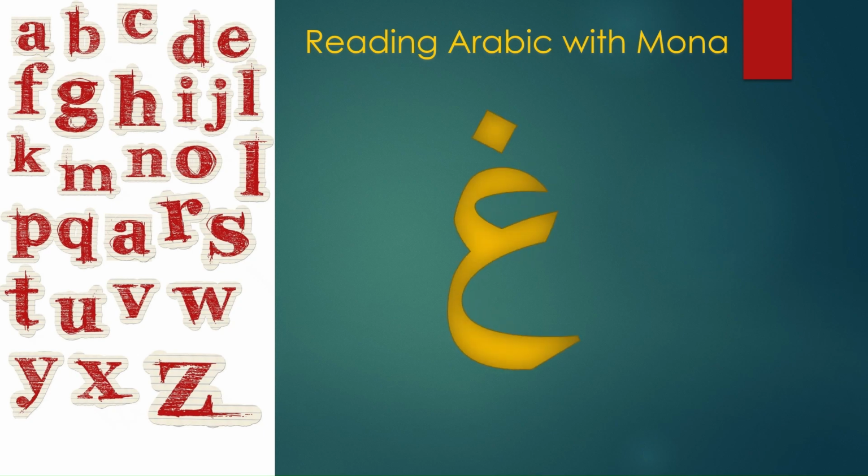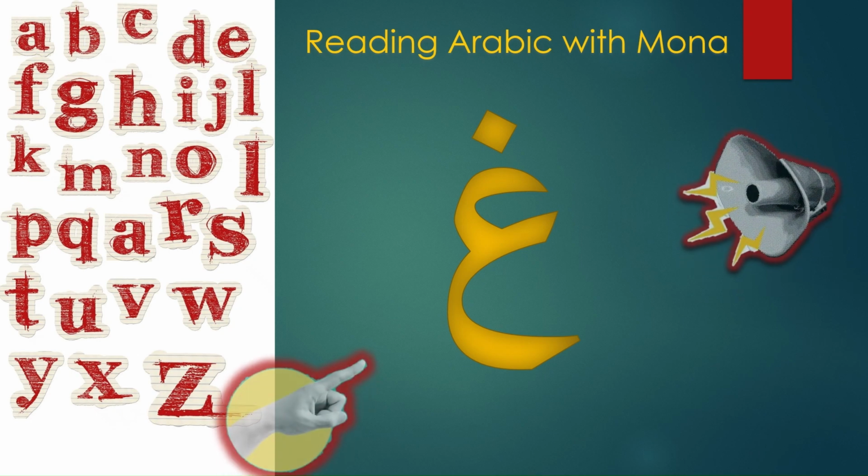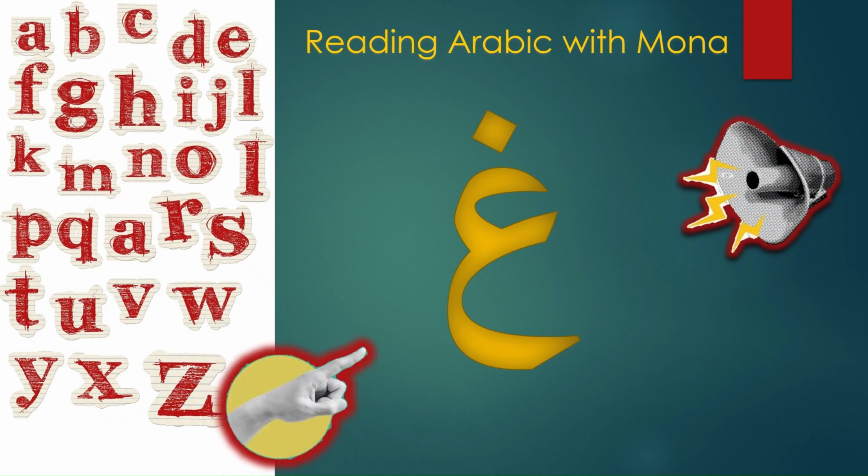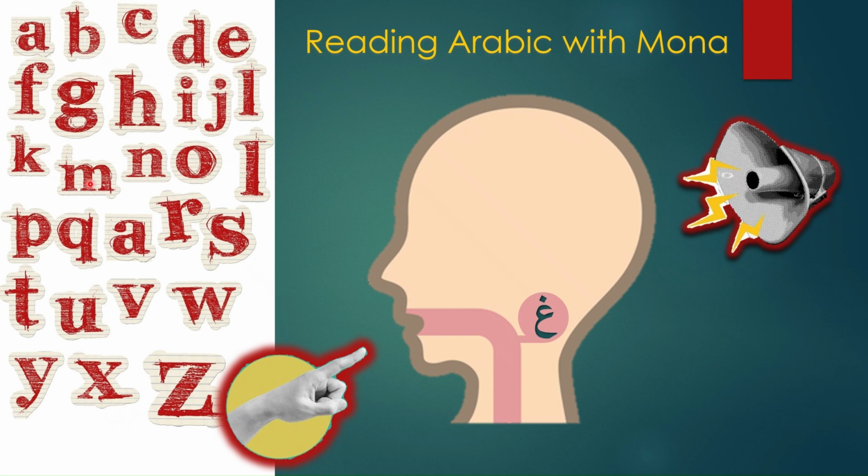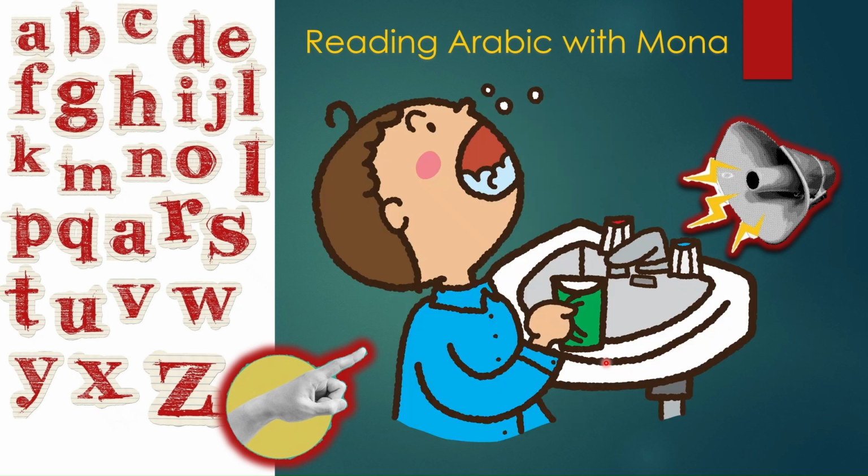This unique Ghain has the R sound, and it comes particularly from the very top of the throat. If we want to describe it or compare it to a natural sound, we can simply compare it to the sound of gargling. When you gargle water with a mouthwash, you make this sound.